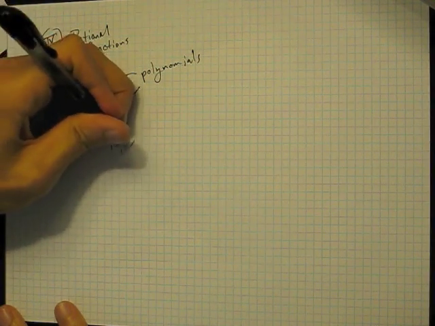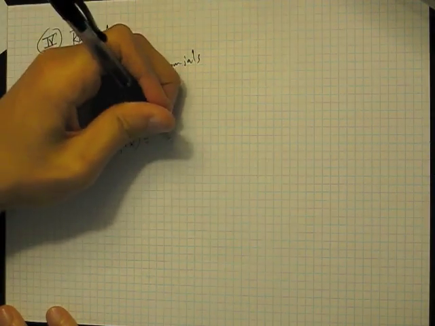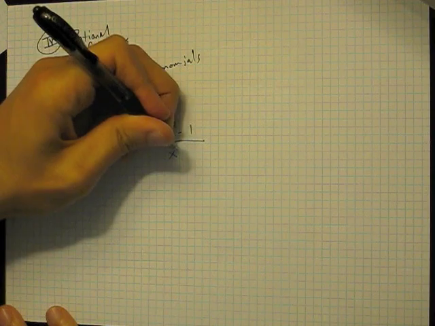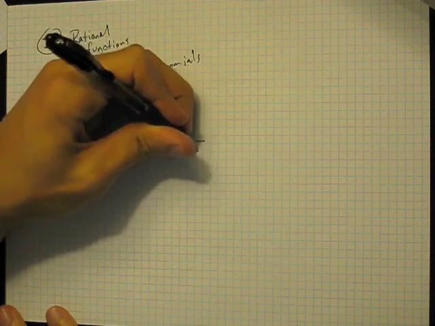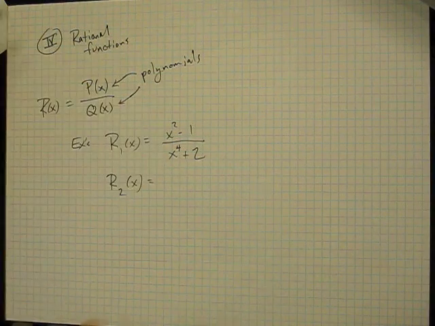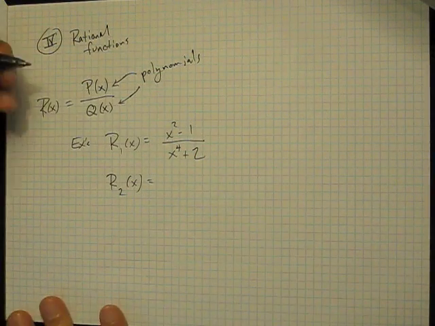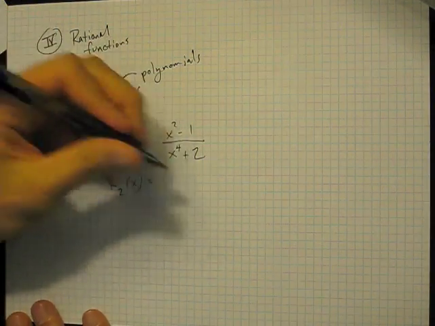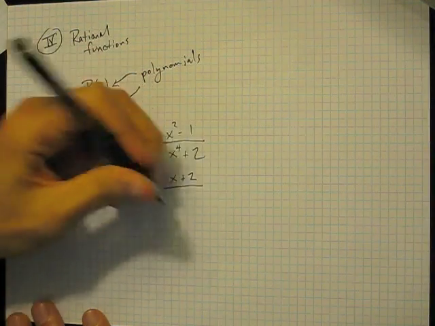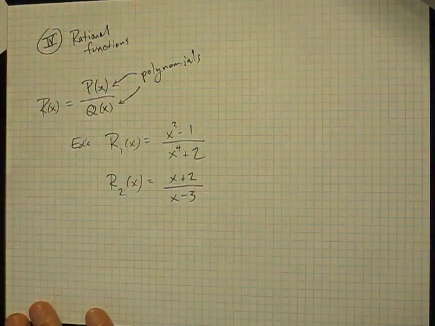We'll number them again. We won't draw any graphs of these. x squared minus 1 over x to the 4th plus 2. Here's an example. Here's another example. I'm just making these up because we know how to make polynomials, so we can easily come up with a rational function. How about x plus 2 over x minus 3.